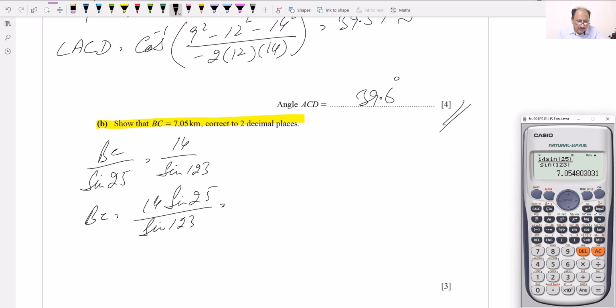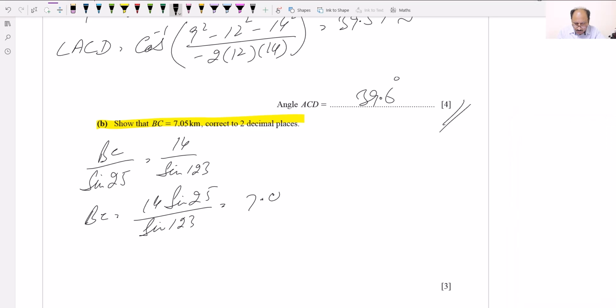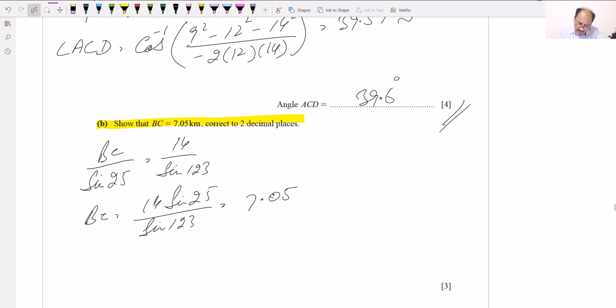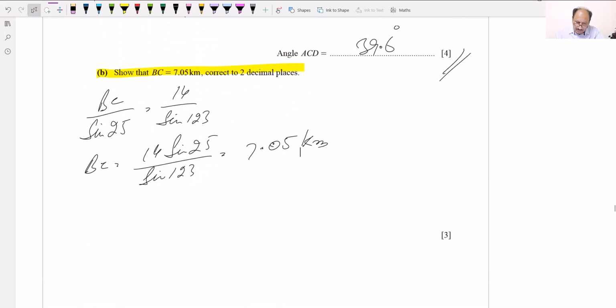Up to 2 decimal places it will be 7.05, and this will be in kilometers. This is for 3 marks, which is done. Basically we needed to show this, and we have already shown it.